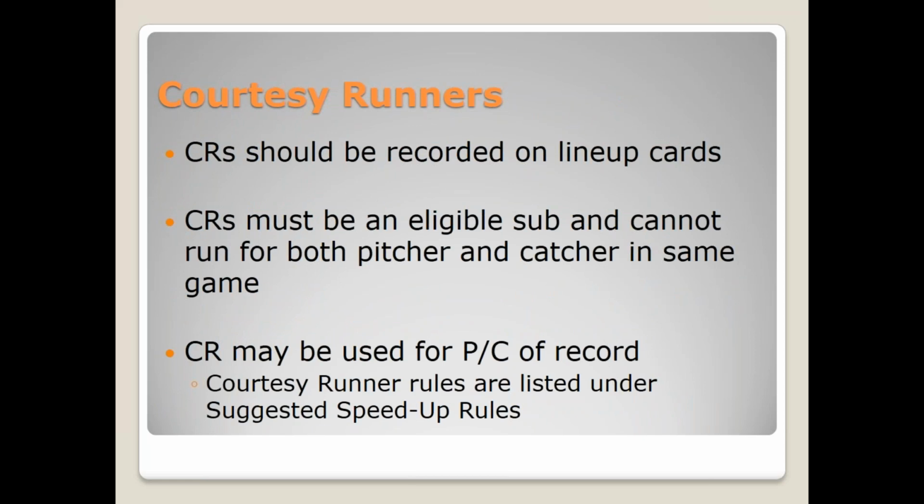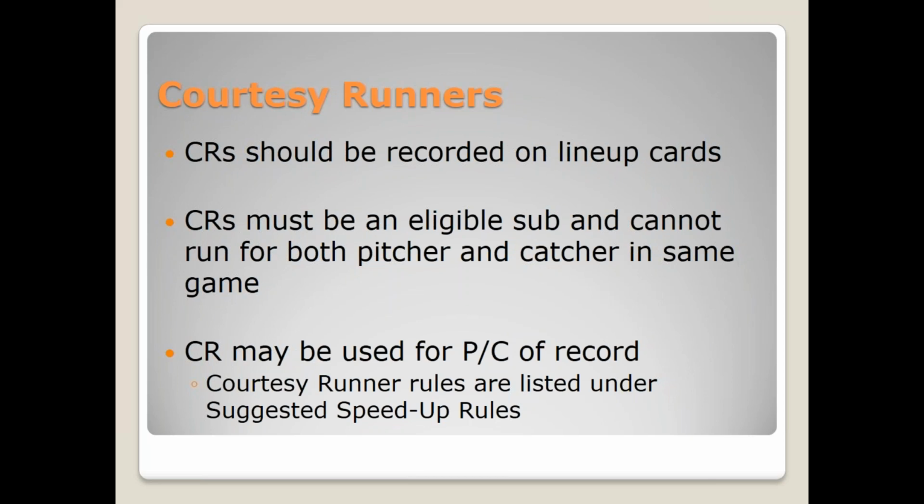Courtesy runners need to be written down on your lineup card. They're kind of like substitutes, but they're not. The lineup card that I just showed you didn't use courtesy runners, so I didn't write down how to do it. What I do is I just simply write PCR or CCR: courtesy runner for the pitcher, courtesy runner for the catcher.